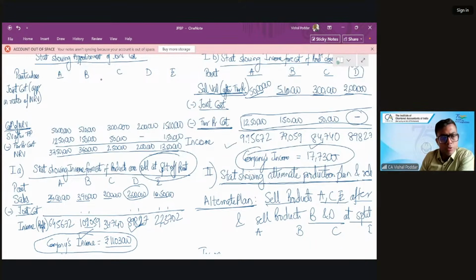The ratio is 3750 is to 360, 250, 200, and 1350. So this is now the ratio, students. Ratio of NRV. Perfect, beta. Yes, Medha. Correct.